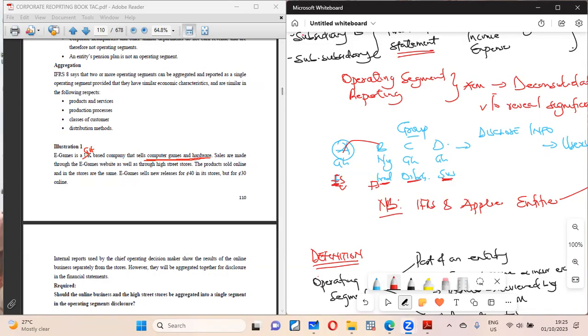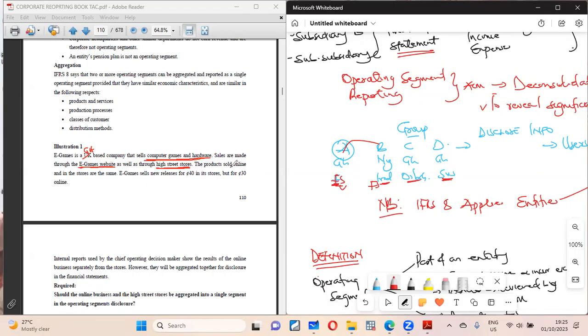You see, eGames sells computer games and also hardware. Sales are made through the eGames website as well as through the high street stores, so let's say Accra High Street or Tema. Either they sell on the website or at the physical store.